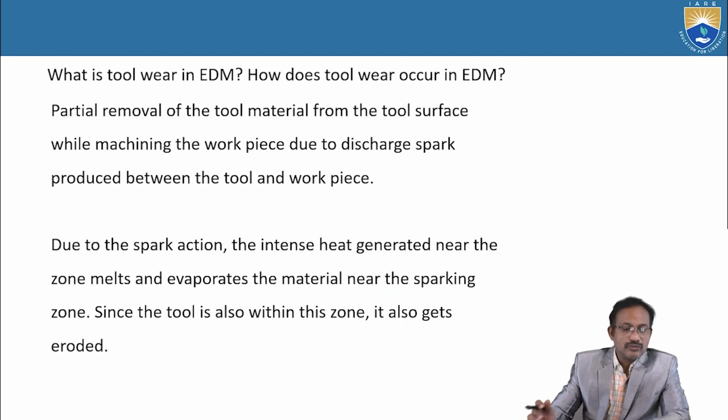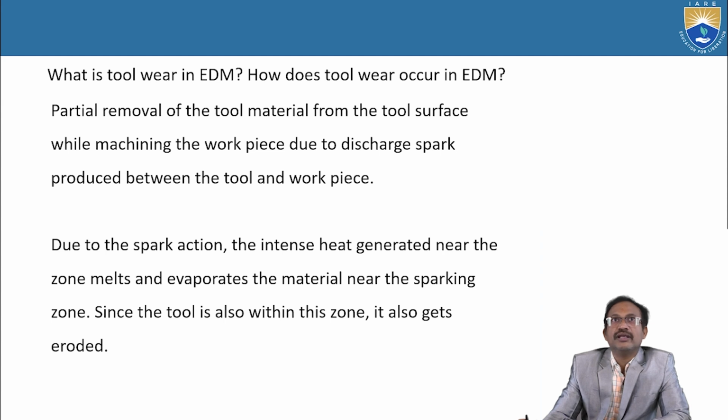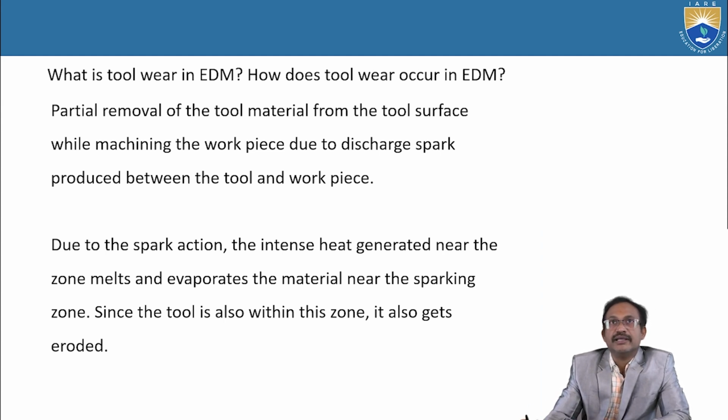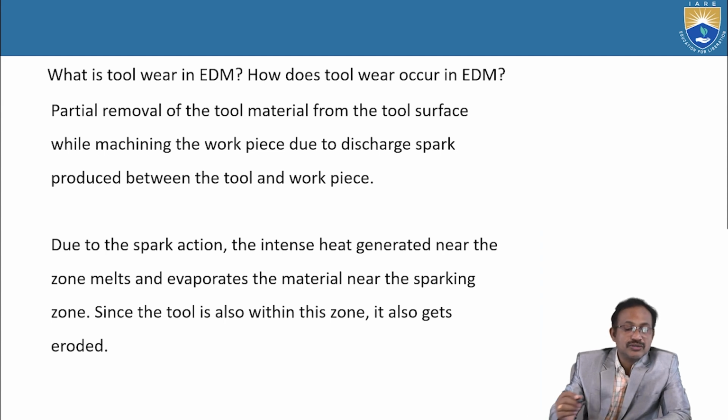Next, what is tool wear in EDM? How does tool wear occur in EDM? Partial removal of tool material from the tool surface while machining the workpiece, due to the discharge spark produced between the tool and the workpiece.